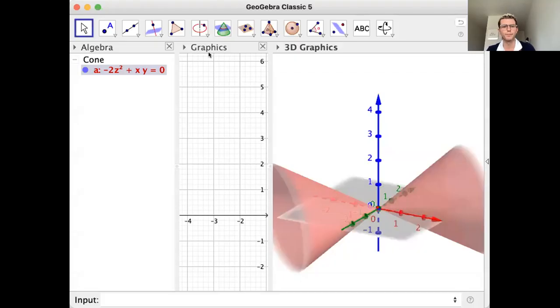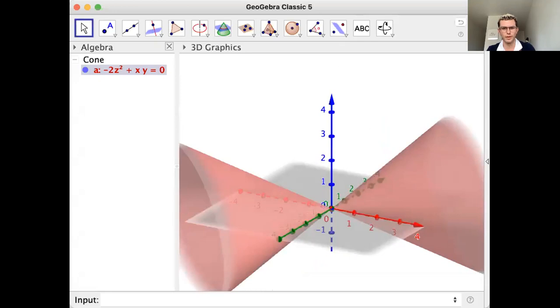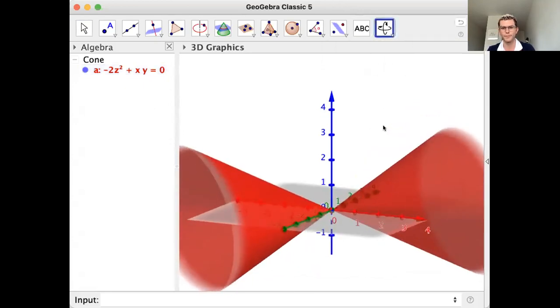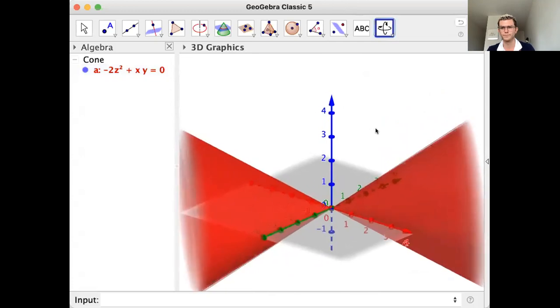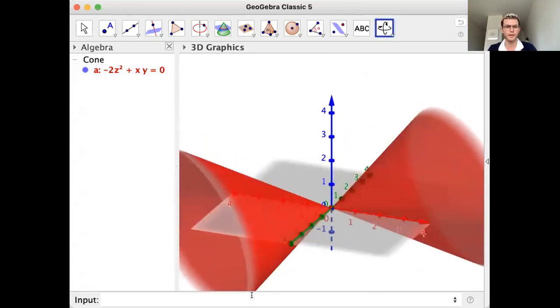Sorry, just to go. Can everyone see the equation? This is the equation xy minus 2z squared equals 0, right? This is the equation that I wrote on the iPad. And then the point that I am writing is 1, 2, 1.